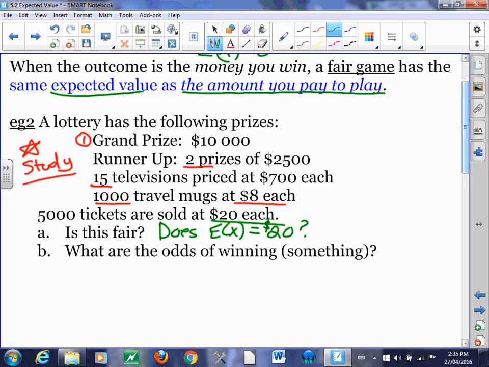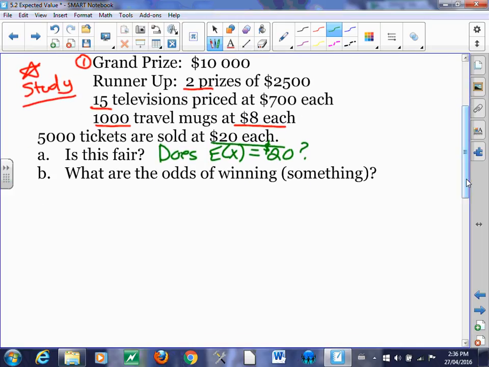That will tell us if it's fair or not, because you paid $20 for each ticket, so then your expected value should be $20. And then B, we're going to tie in some of the odds of winning something. Okay. So let's take a look. What is our random variable? Our random variable is the winnings.